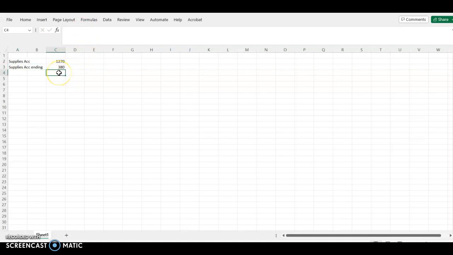So the difference is 890. Okay, what is this figure for? It is a supplies expense.